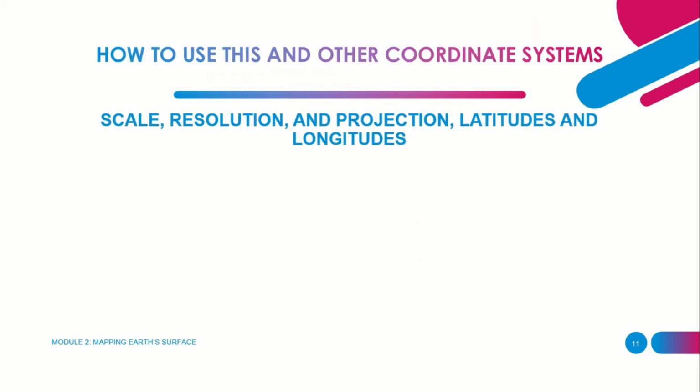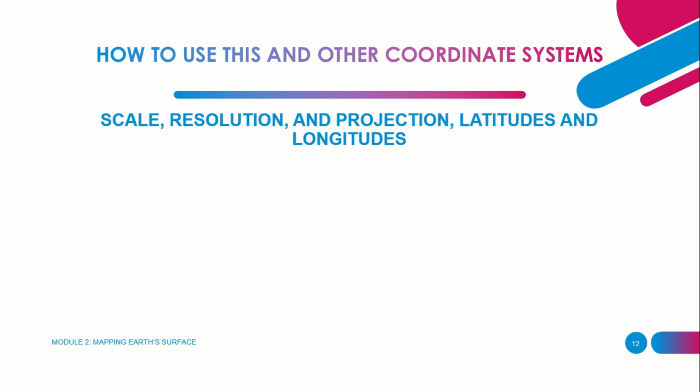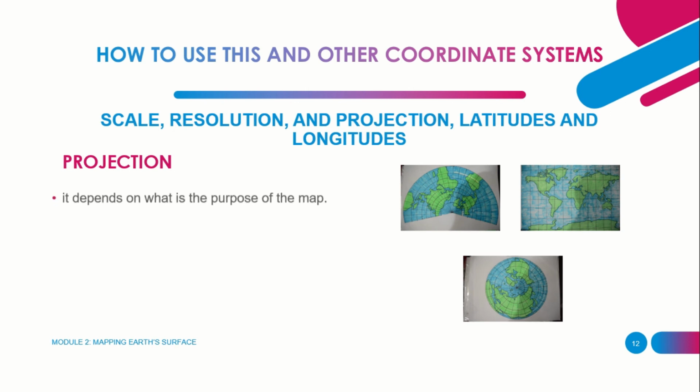Now, how to use these and other coordinate systems. For scaling and resolution, we have this scale and resolution equivalency. For projection, it depends on the purpose of the map.